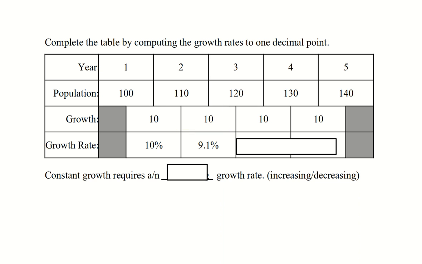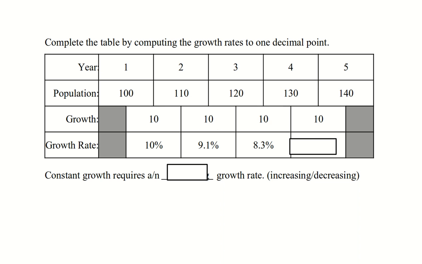So 10% growth in the first year, 9.1% growth in the next year. Now we're looking at what happens when the population grows by 10, but it starts at 120. So that's 10 divided by 120, and that gives us a growth rate of 8.3%.